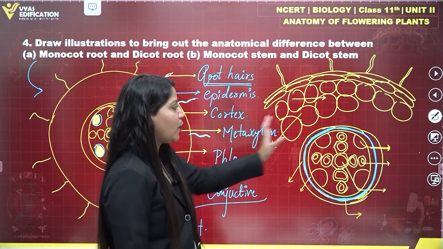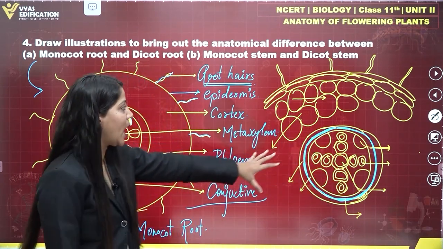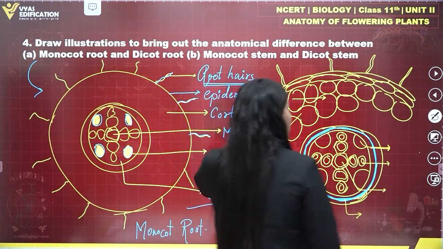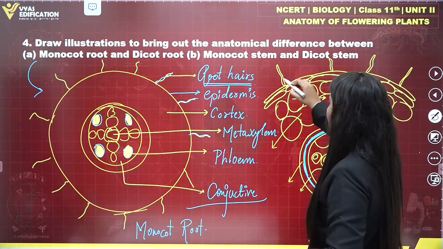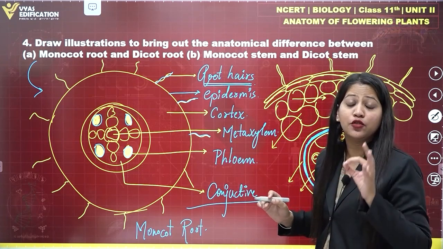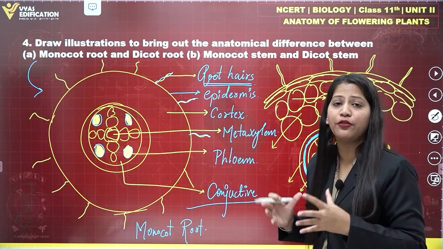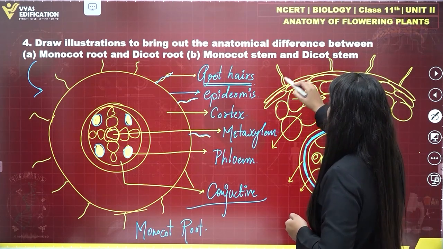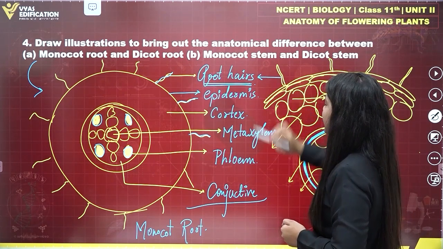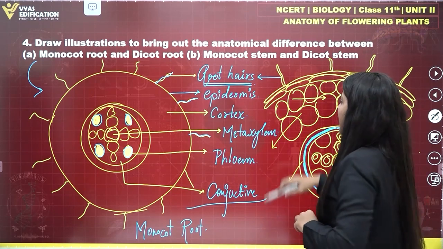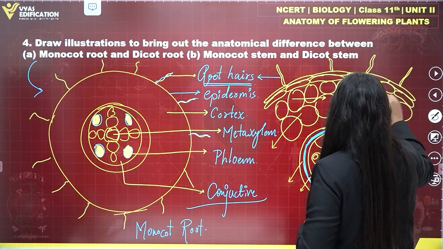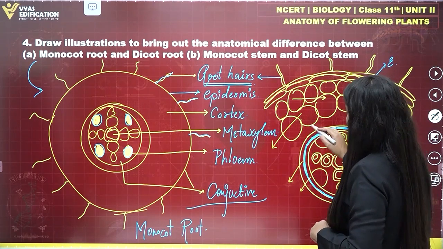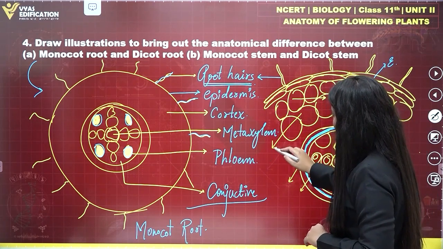Now let's come to the next diagram, the diagram of dicot root. In a root anatomy diagram you will always find hair-like structures, so these are root hairs, same as in the monocot root. This is your epidermis layer. Then you have of course the cortex layer.